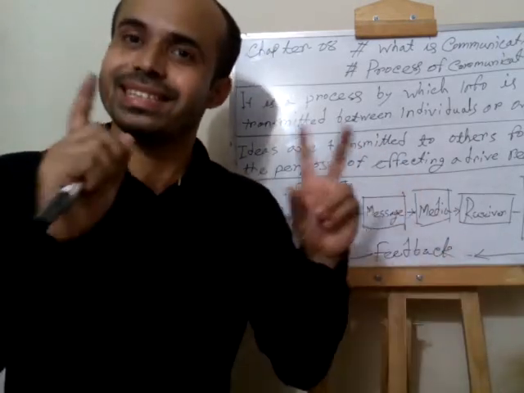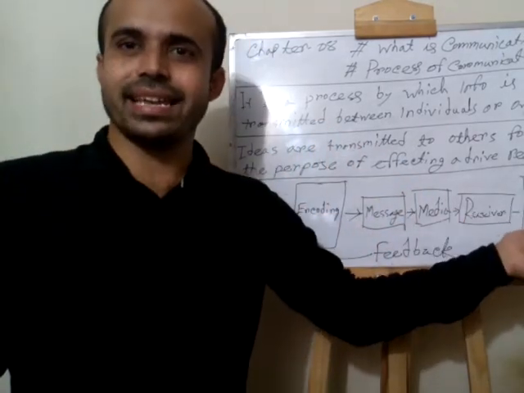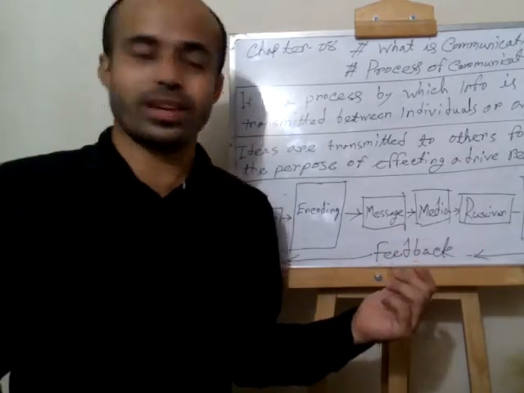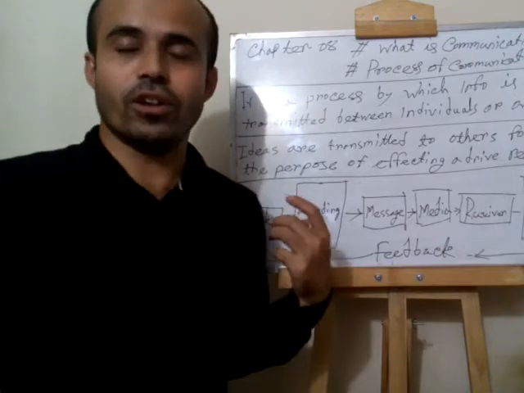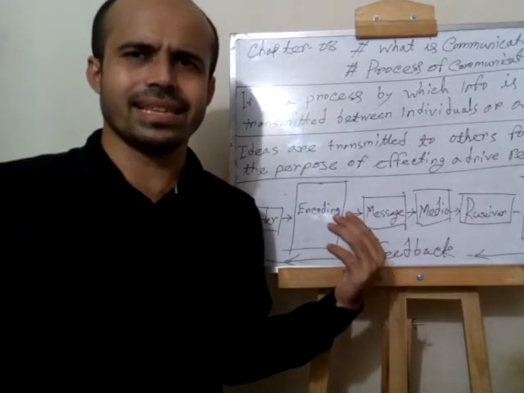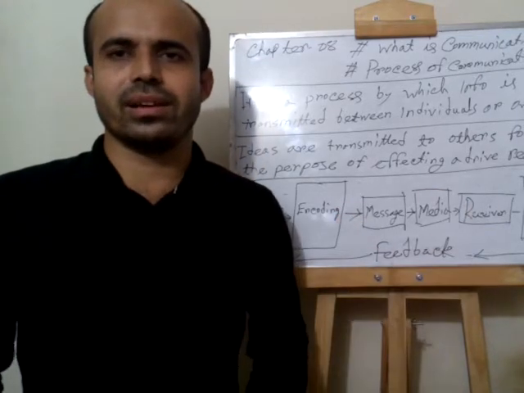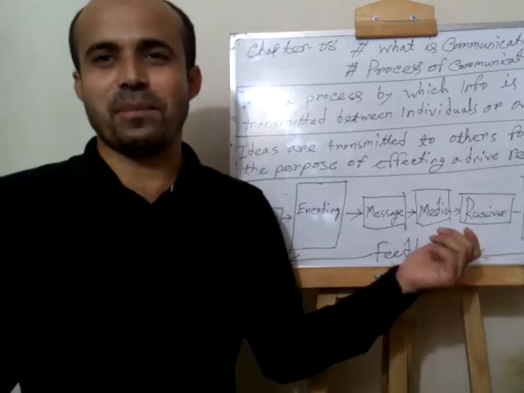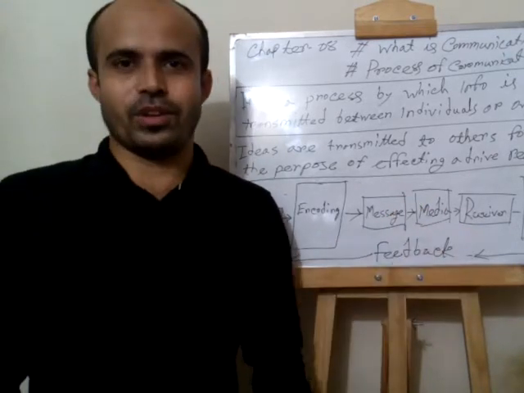Or if without any understanding he gives any type of feedback, then the feedback will not be accurate, and the sender will also be confused. I sent this message, but the feedback I get is so different. So at that time it will not be proper communication.